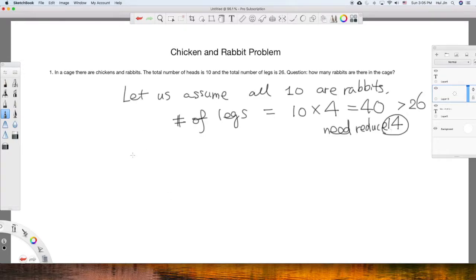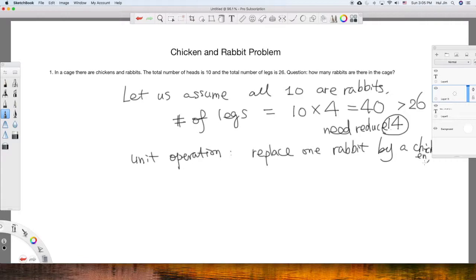Now think about this unit operation. By replacing one rabbit by a chicken, the change in the number of legs equals, you take out the 4 and you put a 2, because you're taking out the rabbit and you put in a chicken.